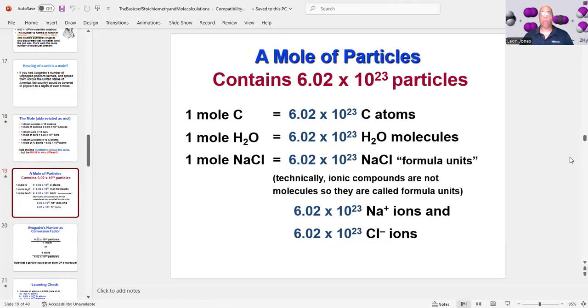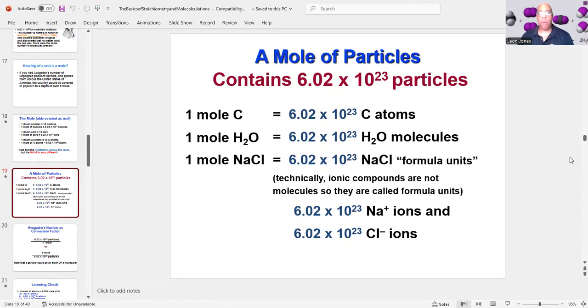So a mole of particles, again, contains 6.02 times 10 to the 23rd particles. So 1 mole of carbon equals 6.02 times 10 to the 23rd carbon atoms. What's H2O? Hydrogen and oxygen, water, right? H2O is water.